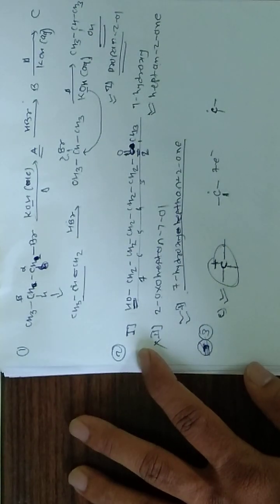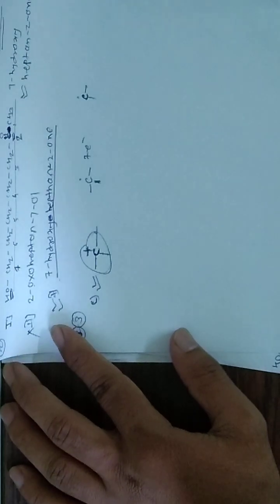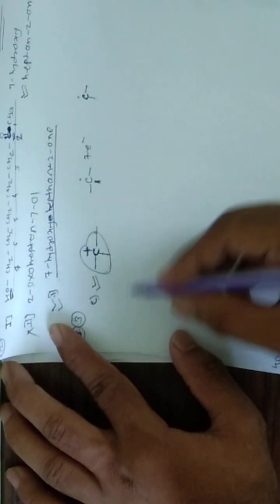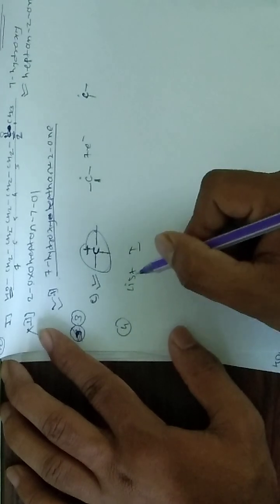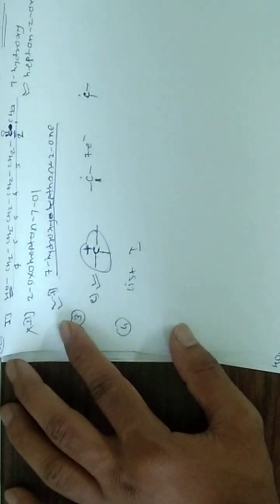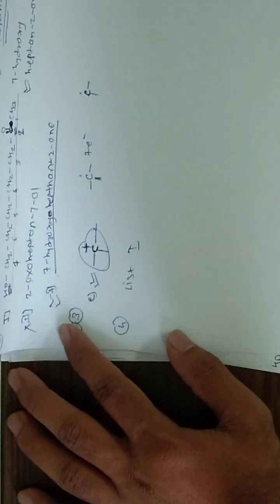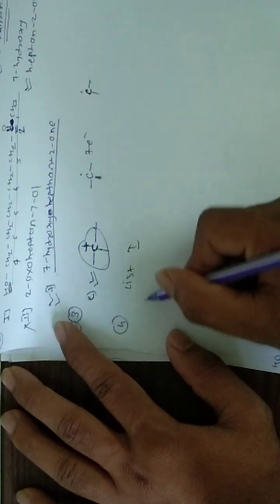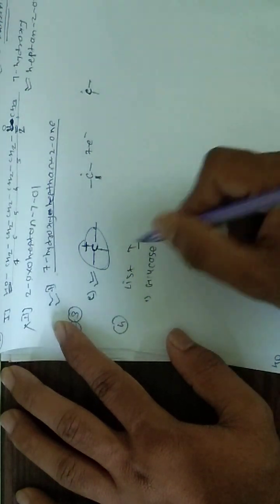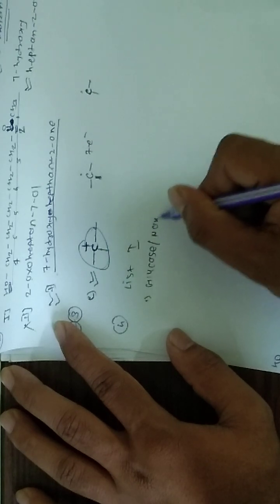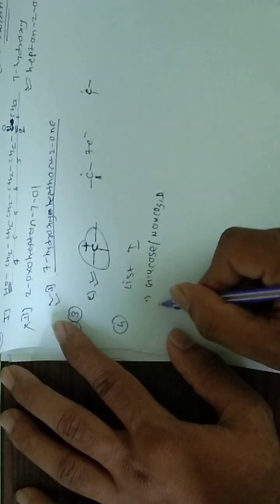So the next question is: match list 1 with list 2. In list 1, four numbers are given. First one is glucose with NaHCO3, heat.